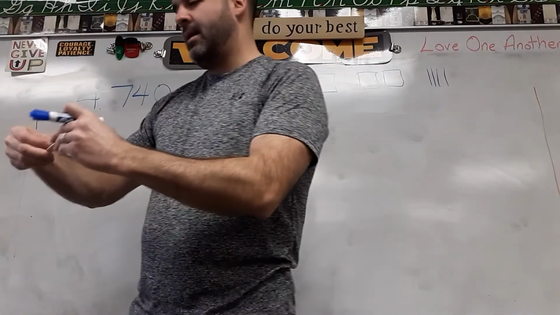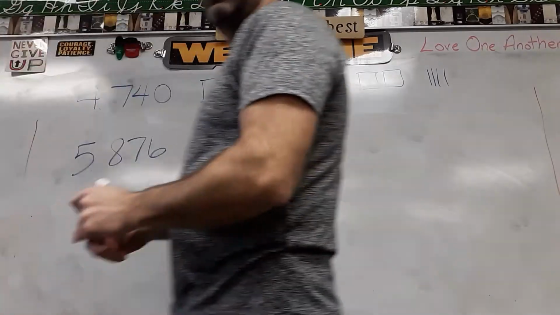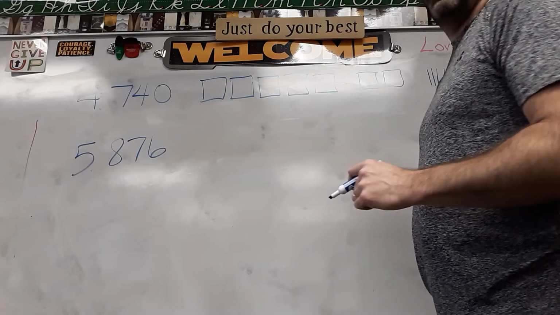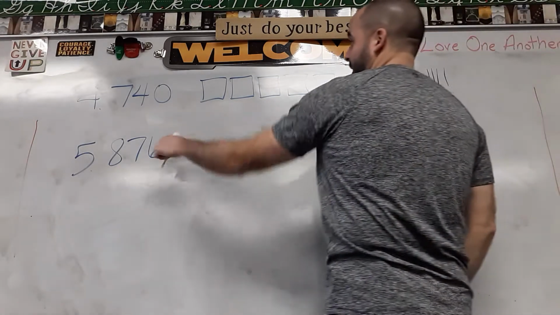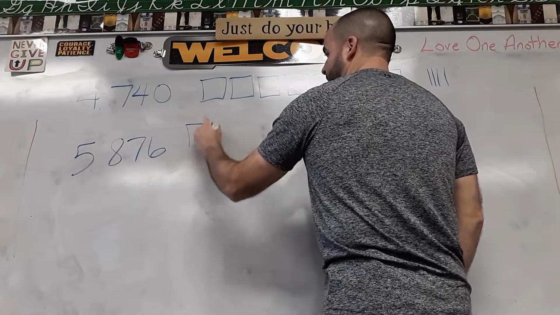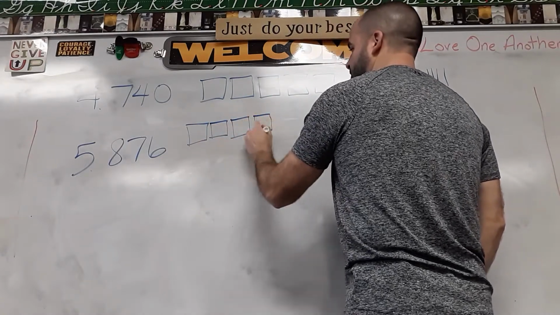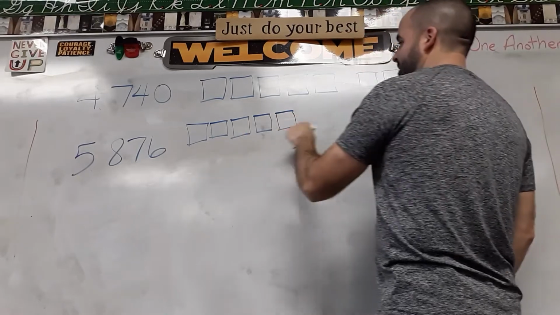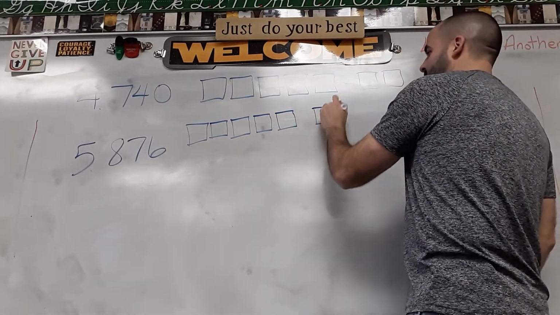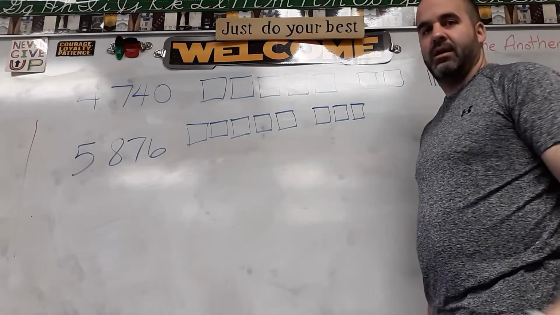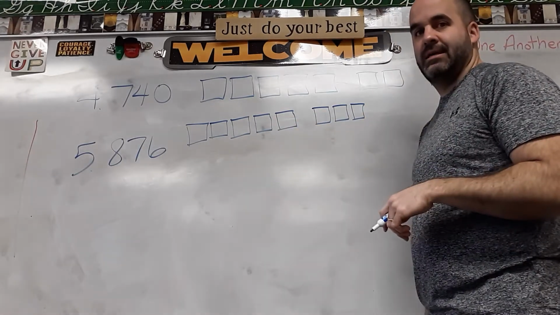876. Ava, what'd you come up with, 876? Oh, yeah, we have a lot here. So we better make this even smaller. 1, 2, 3, 4, 5. Space. 1, 2, 3. Because that makes 8, right? Okay, Ava, what'd you come up with for the tens?